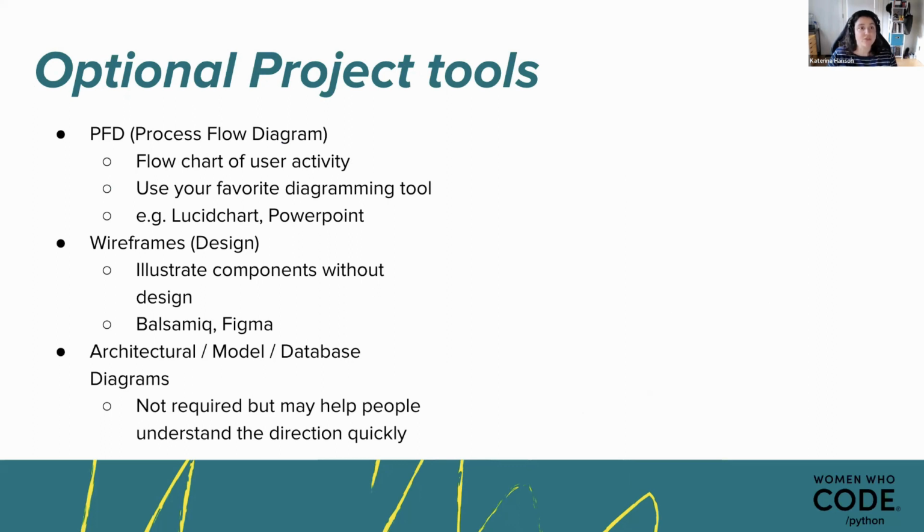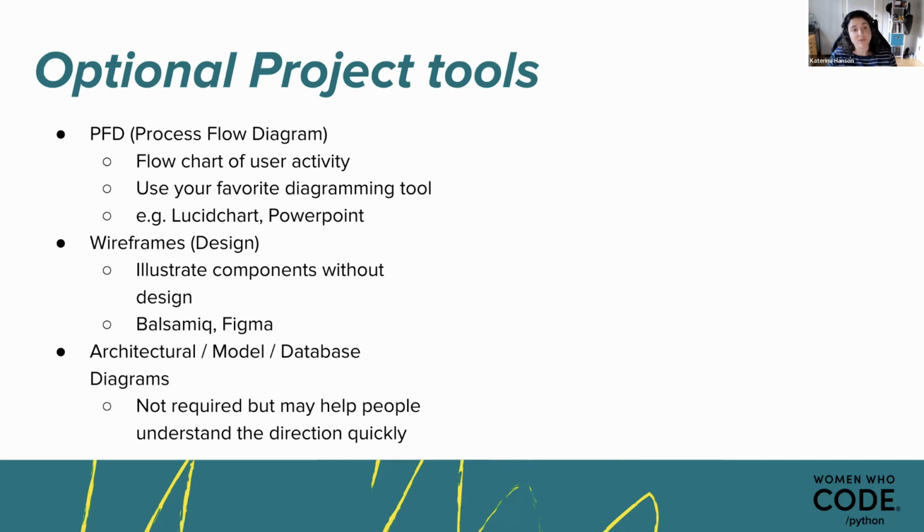Optionally, you might use a process flow diagram to develop a flow chart of user activity. In that case, you're probably using your favorite diagramming tool. I like Lucidchart. You could also just use PowerPoint. You may get wireframes from design.